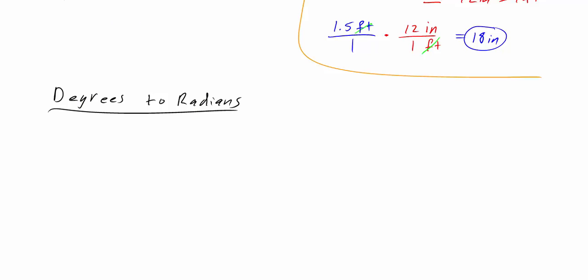Well, if we go to the circle, if we go halfway around, we can think of this as either equaling 180 degrees, or we know that is equal to pi in terms of radians. So therefore, we know that 180 is equal to pi. So that's what we're going to use here to convert.